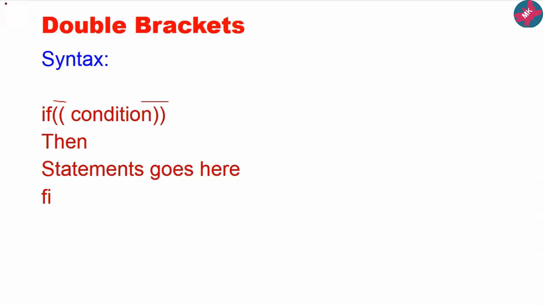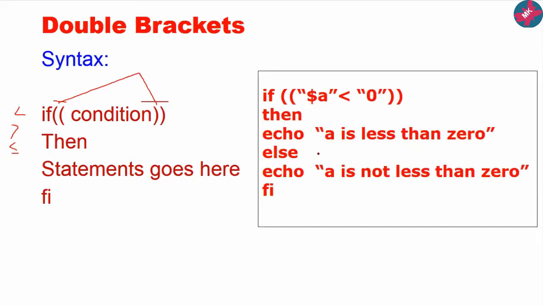If you want to use operators like greater than and so on, then you have to write this double parenthesis and the rest is as it is. Let us see one example. Note here I have written less than 0. Normally, if I had wanted to write LT, then instead of this parenthesis we would use the square bracket. So this is one special provision made available in Shell.